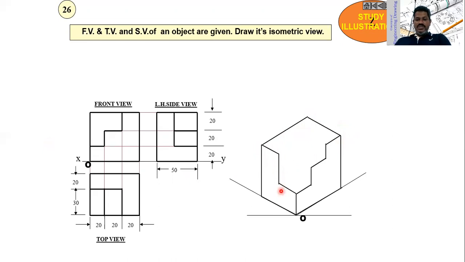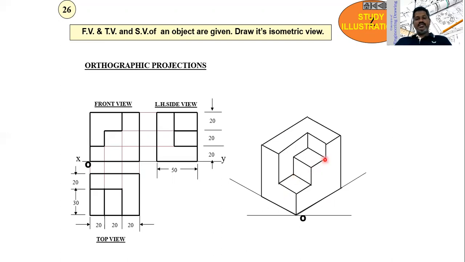Then draw a line like this, then a line like this, and from all these corners draw parallel lines. Now join this point and come down here, then come parallel to this line, then come down like this, then connect these 2 points, which gives us the steps problem.